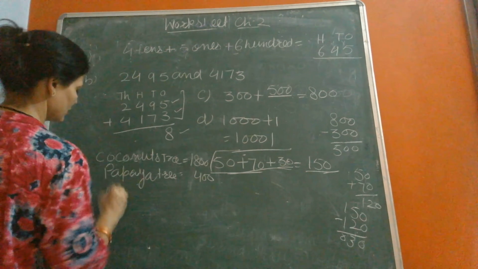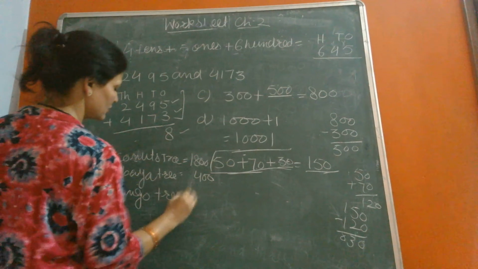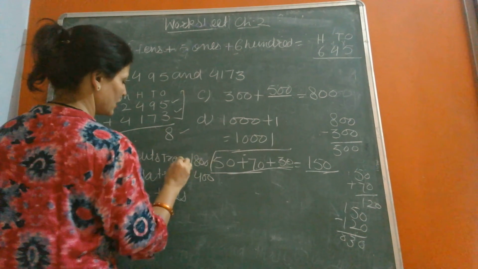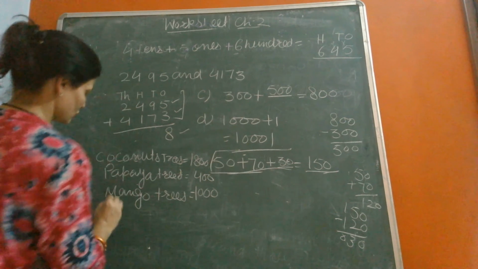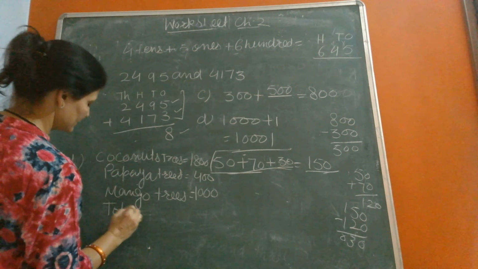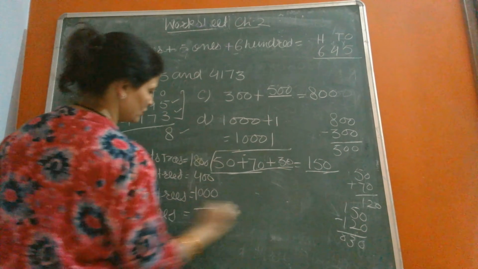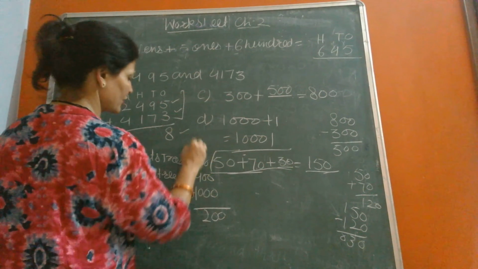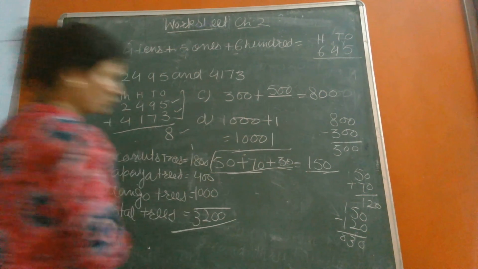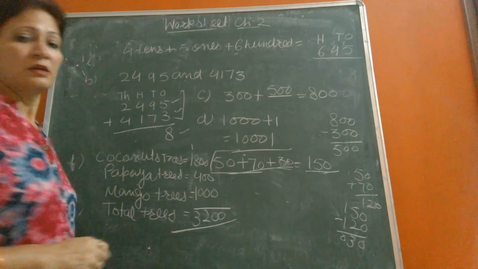And mango trees are 1000. Now total trees are 0, 0, 8, or 4, 12, 2 carry over 1. Total trees there are 3200.